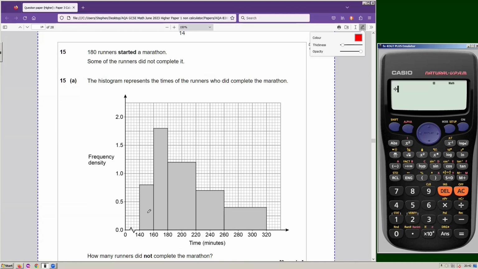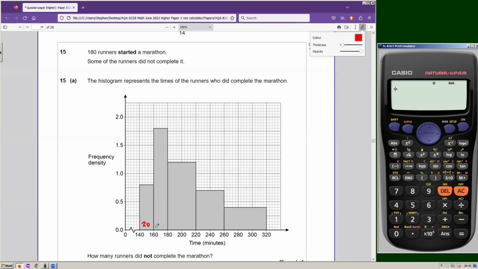So the area of each of these contains how many runners completed in that particular interval there, 140 to 160 minutes. And we got a frequency density there of, that one is 5.6, 0.7, that one's 0.8. And we work out the number of runners by multiplying the frequency density by the interval there, which is, in this case, it's 20.